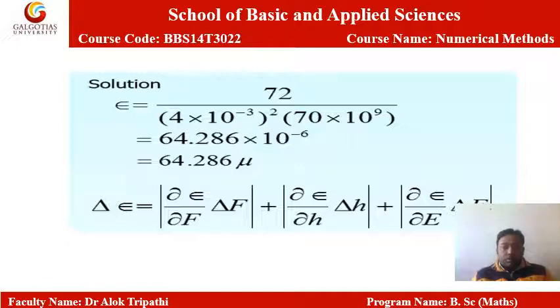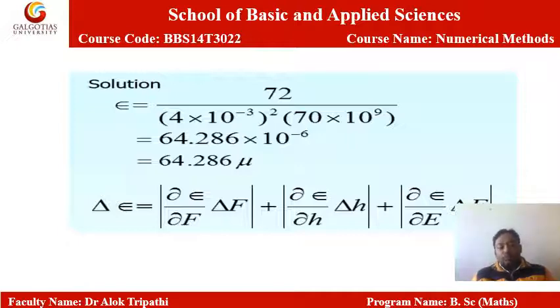So for the solution, first of all we shall calculate the exact value. Epsilon equals 72 divided by 4 into 10 to the power minus 3 whole square into 70 into 10 to the power 9. When we calculate this, we get 64.286. Now we shall calculate the error delta epsilon.